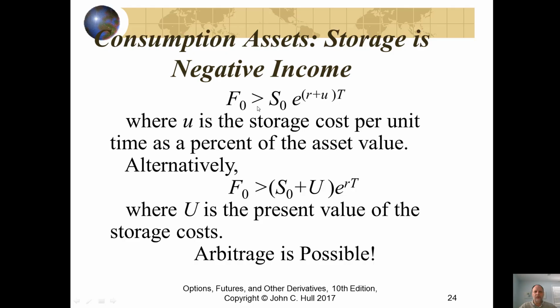So if F is greater than S e to the R plus UT, we can do an arbitrage. So this condition cannot occur. F cannot be greater than S e to the R plus UT, because an arbitrage would be possible then, which will prevent this from lasting for a long time period.